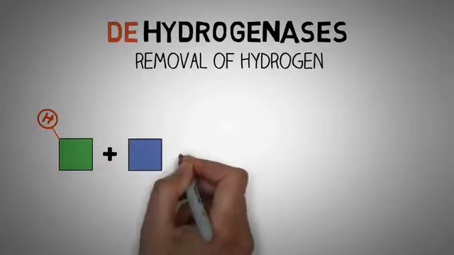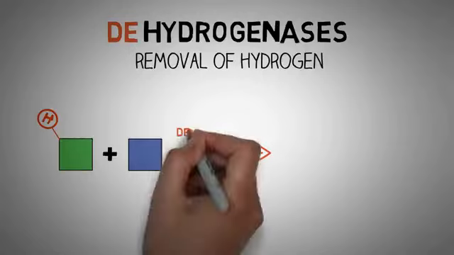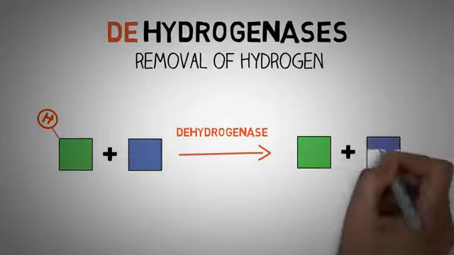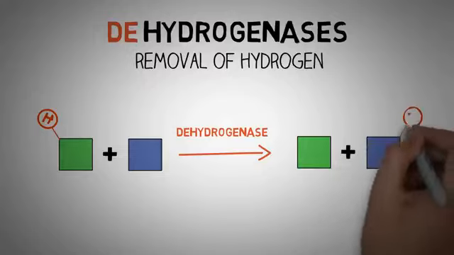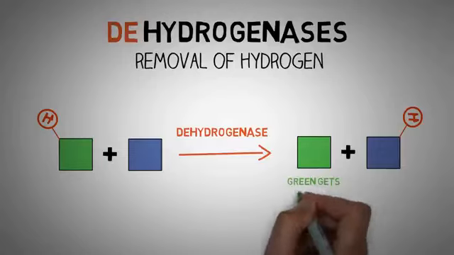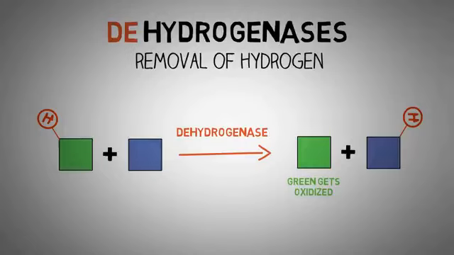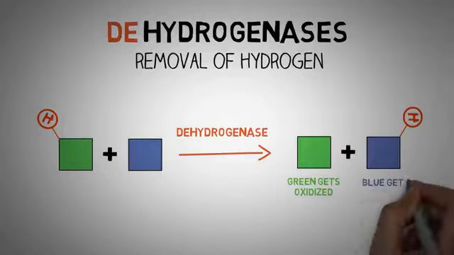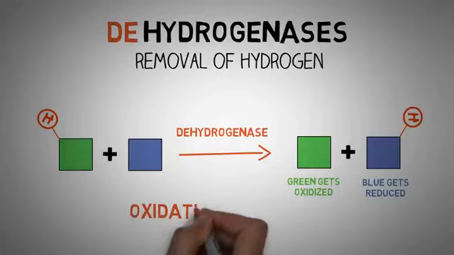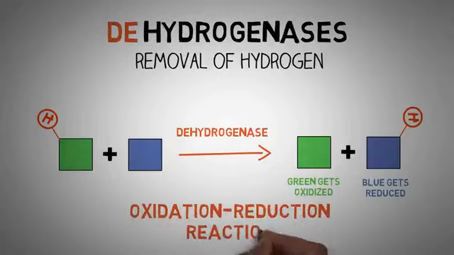And the hydrogen that is removed from one molecule must be passed on to some other molecule. The other molecule that receives the hydrogen gets reduced in return. So this is the basic mechanism of action of dehydrogenases. They remove hydrogen from one molecule, oxidizing it, and in turn attach that hydrogen to some other molecule, leading to its reduction. This is why the reactions carried out by dehydrogenases are known as oxidation reduction reactions.